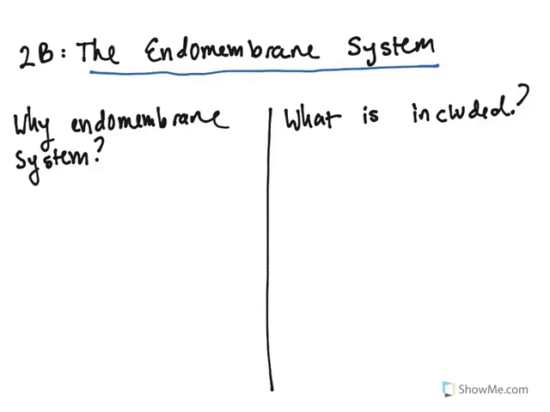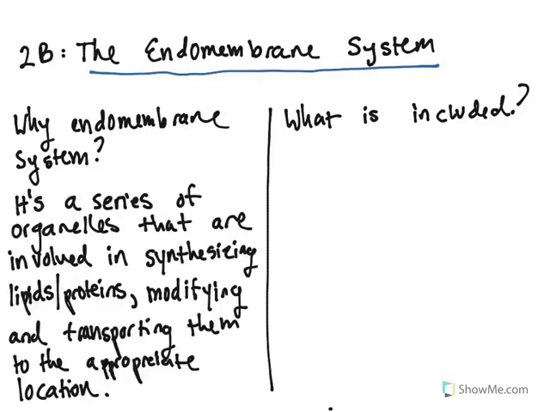This common goal is synthesizing lipids and proteins, modifying them, and then shipping them off to their appropriate destination. So I'm going to go ahead and write that down on the left. All right, so I went ahead and wrote all that out for you so you have it if you want to copy it down.